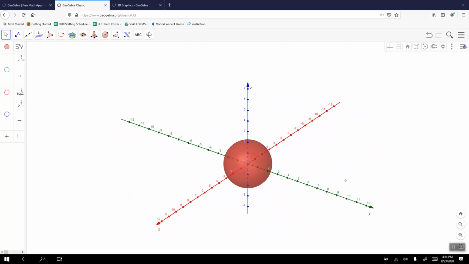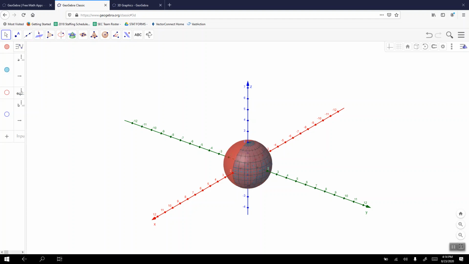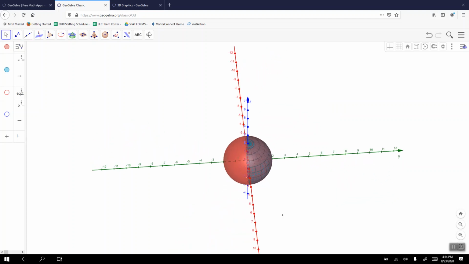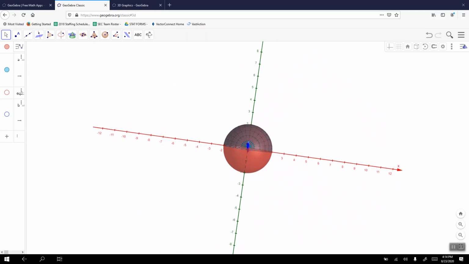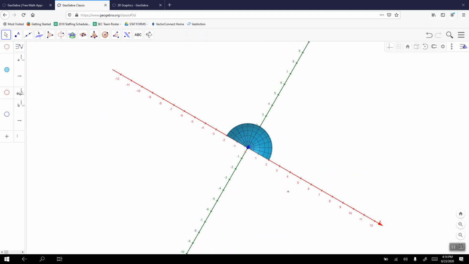Great, but this has no restriction. So I took the liberty of parametrizing a sphere to get us the view for that added restriction, which is y is greater than or equal to 0. This means that the sphere will only exist for all the y values that are greater than or equal to 0, which means we really have a hemisphere given to us here.